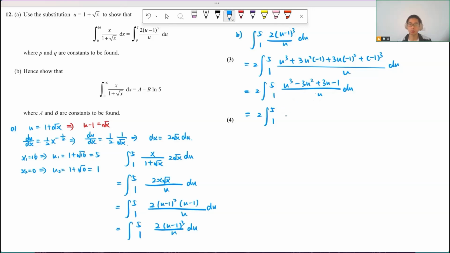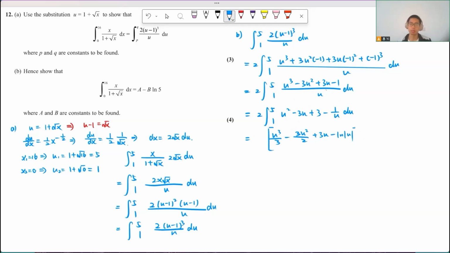So u cubed over u would be u squared, and then minus 3u squared over u is just minus 3u, and then 3u over u is just 3, and then minus 1 over u is just minus 1 over u du. So now we can integrate it quite easily. So u squared would be plus 1 to the power divided by the new power, and then minus 3u, so again plus 1 to the power divided by the new power, and then 3 becomes 3u, and then 1 over u is just ln u.